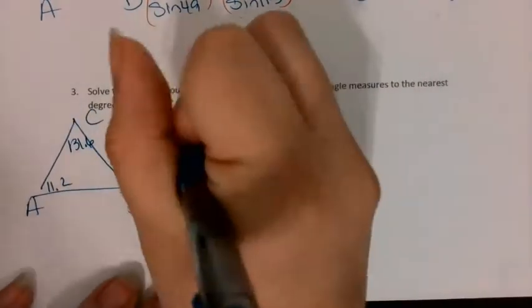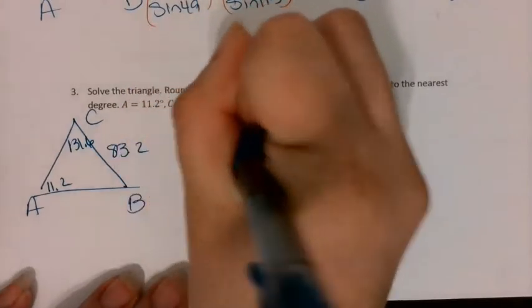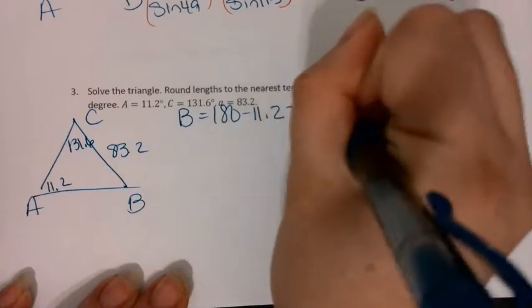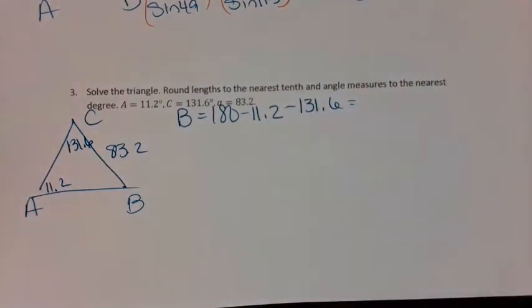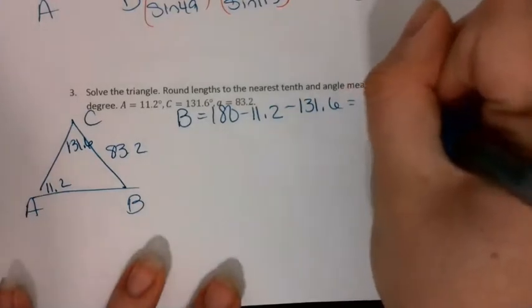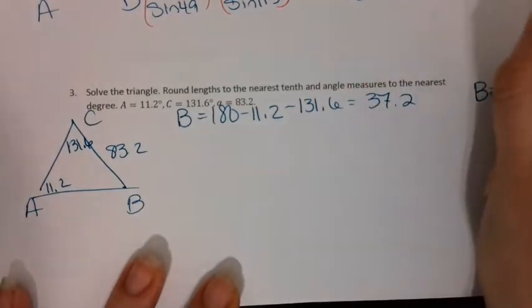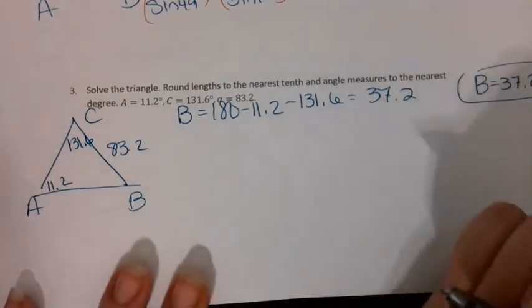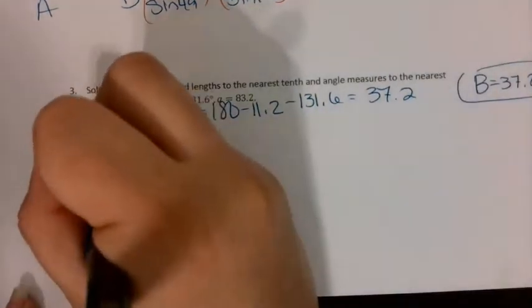So this one I'm going to solve for my angle B. I have 180 minus 11.2 minus 131.6, which gives me 37.2. Okay. Then write this on my triangle.